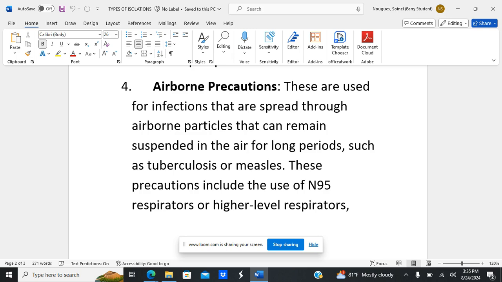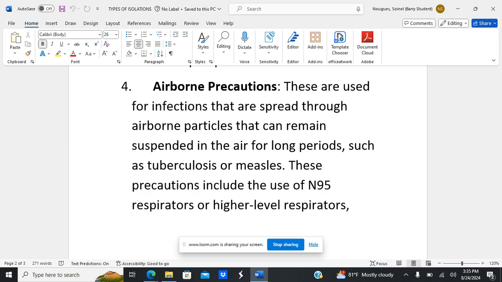These precautions include the use of N95 respirators to avoid catching this sickness. You need to wear an N95 respirator. This is very important. This is serious, guys.